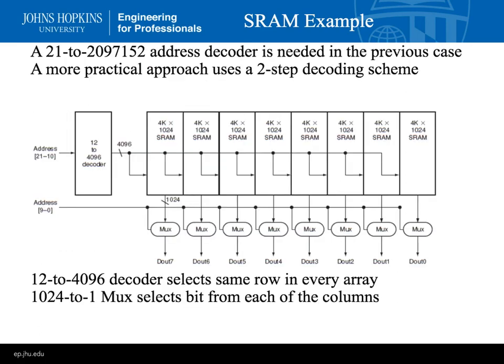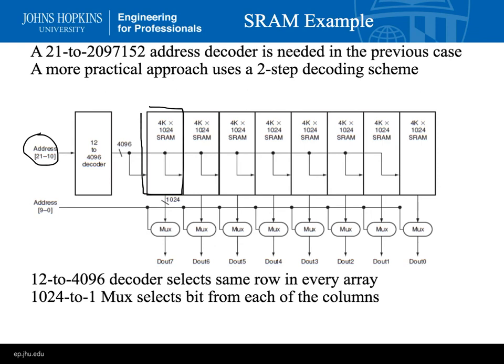So here's a way to do it with two smaller decoders. So we take the 21-bit address, I guess it would be a 22-bit address. Maybe that should be 20. Anyway, you take the top 12 bits, and out of the top 12 bits, there's going to be 4096 choices. So here's a chip with 4096 rows in it.